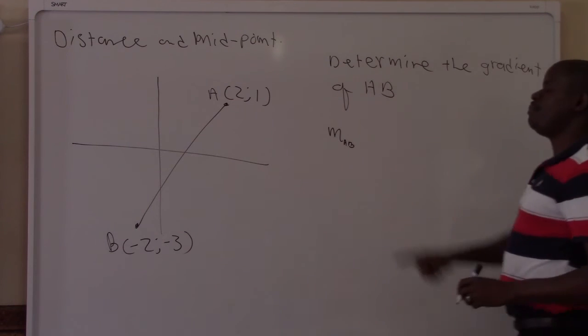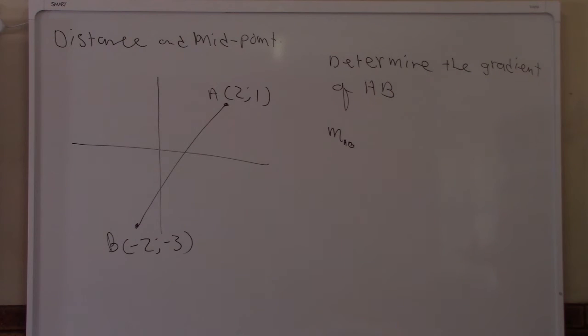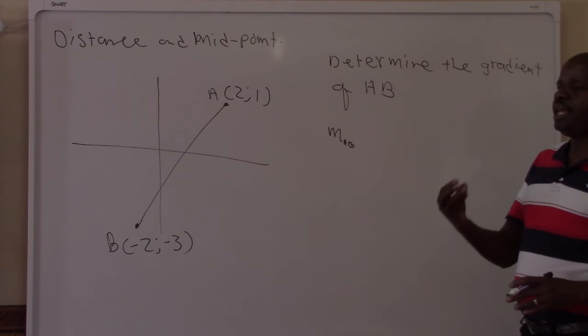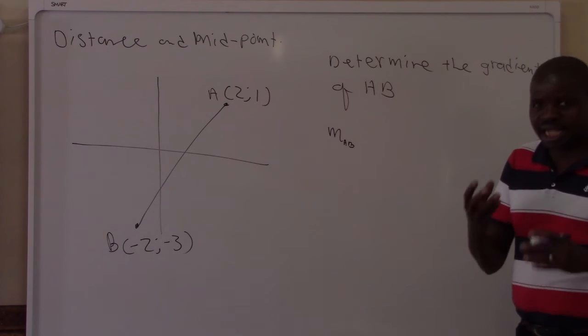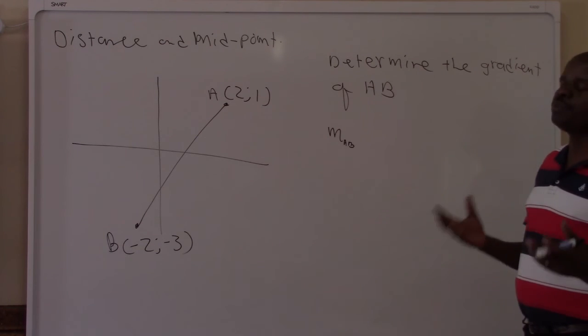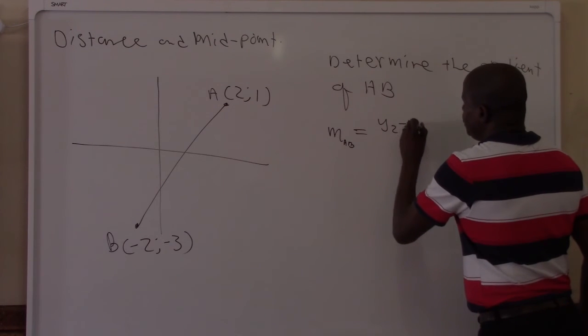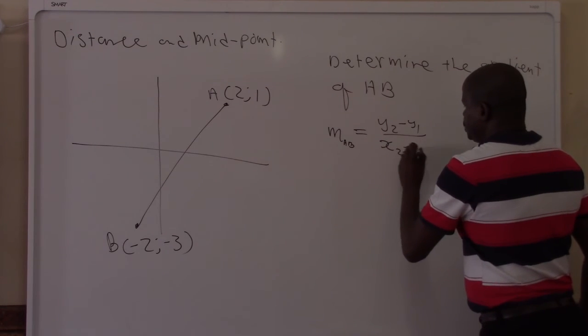Capital letter M, it's for the midpoint. It's a midpoint. Then the small letter m is the gradient. A gradient is a slope of a line in simple language. So then here, that is where we say change in y over change in x.